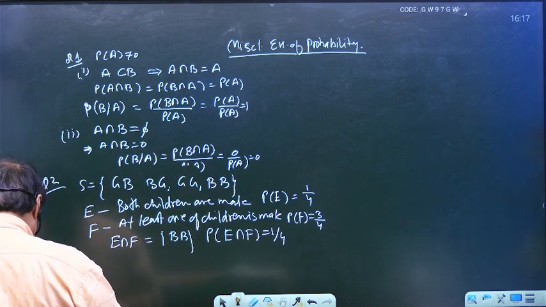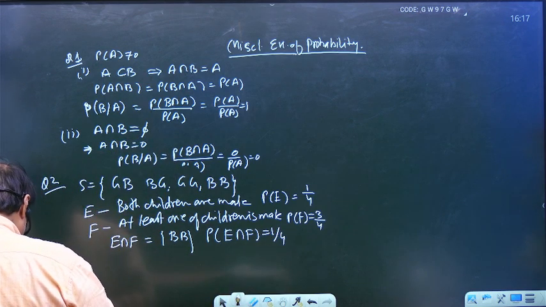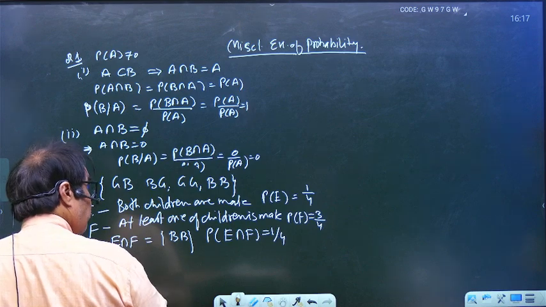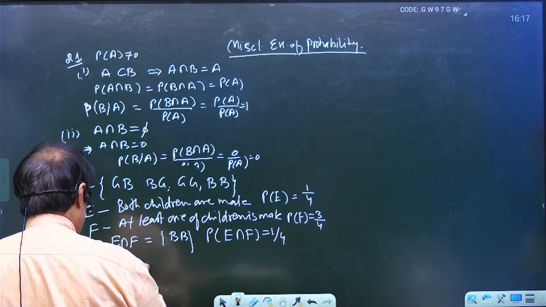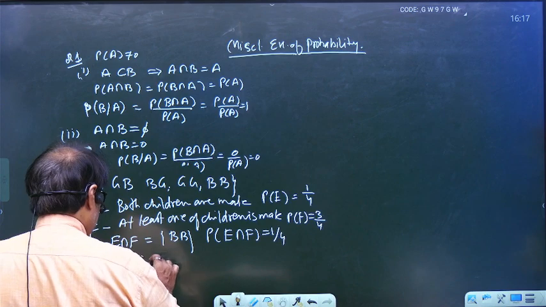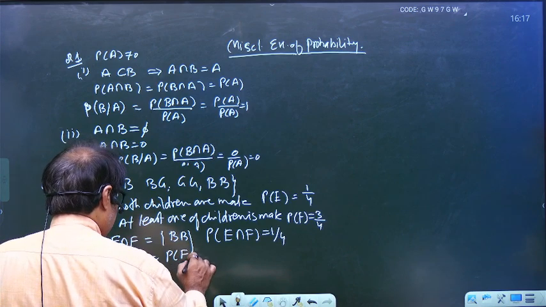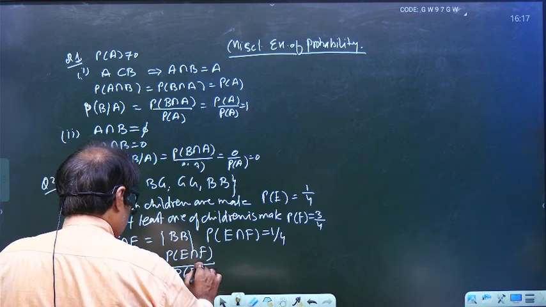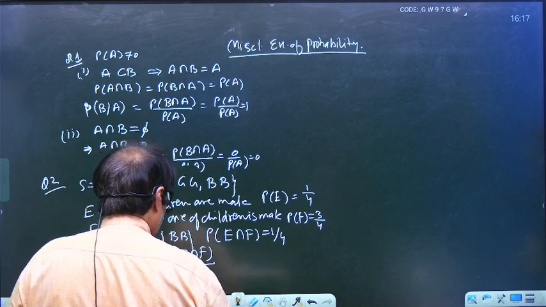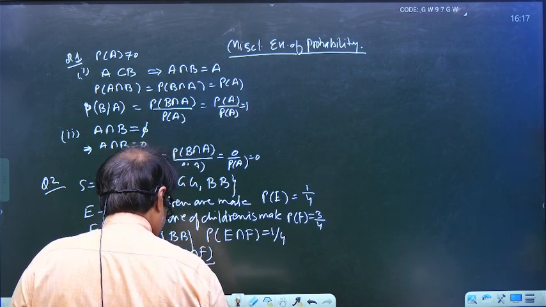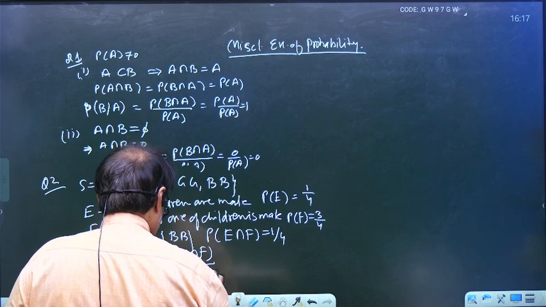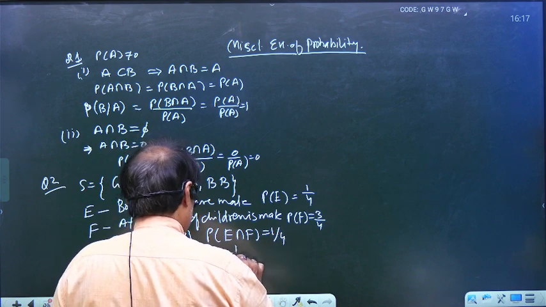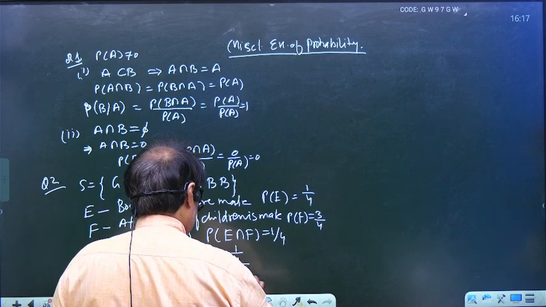And now we have to find probability of E by F. That is probability of E intersection F upon probability of F. E intersection F is 1 by 4 and the probability of F is 3 by 4.